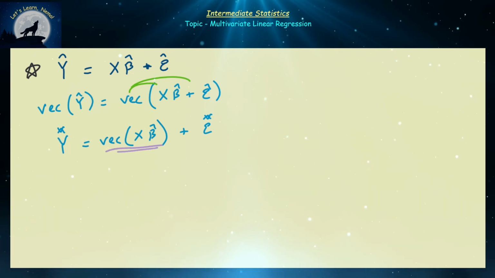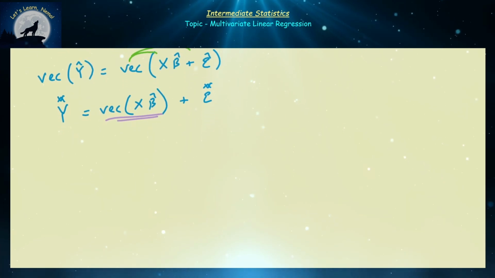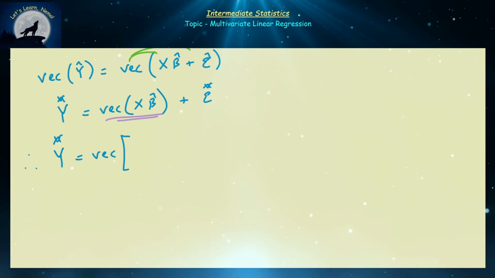Now we have this object here. Remember the theorem associated to vectorization of a product of matrices had 3 matrices, so what we can actually do is introduce an identity matrix of some appropriate size into this product so that we can apply that identity. So I'm going to take that x beta hat and multiply it by an identity matrix on the right hand side.